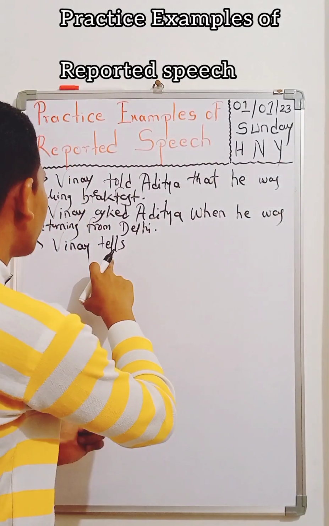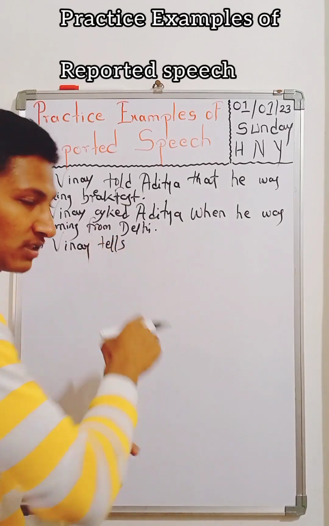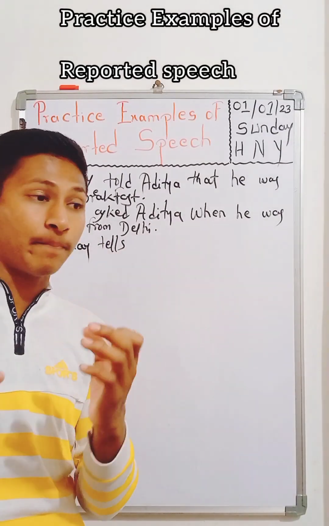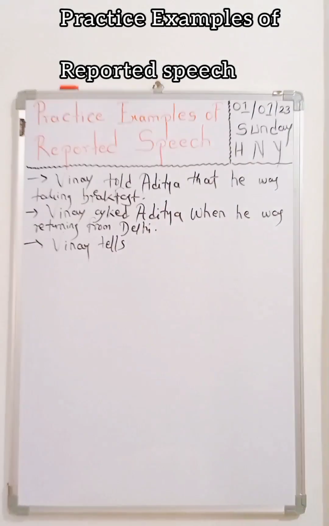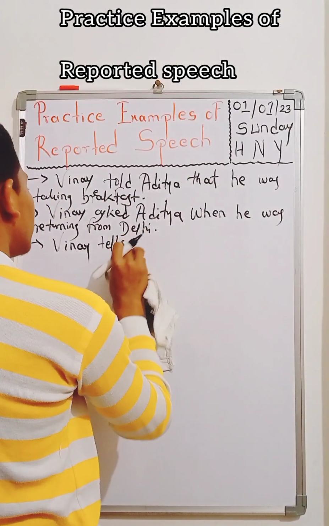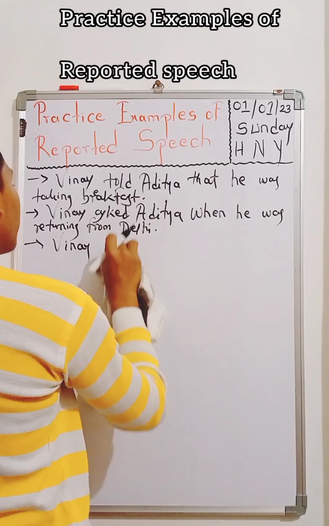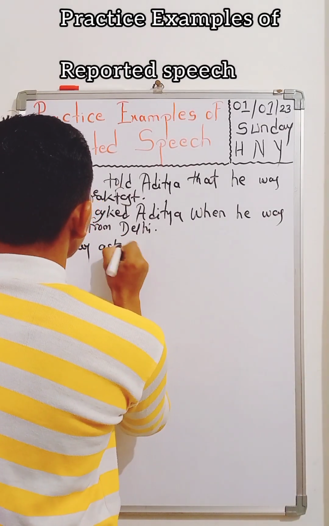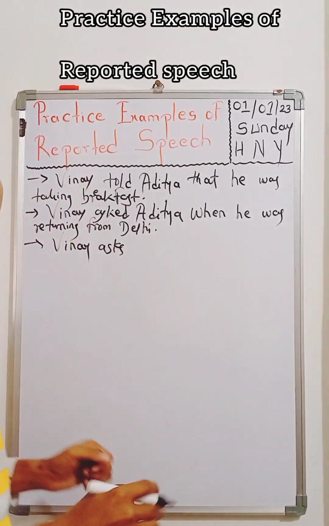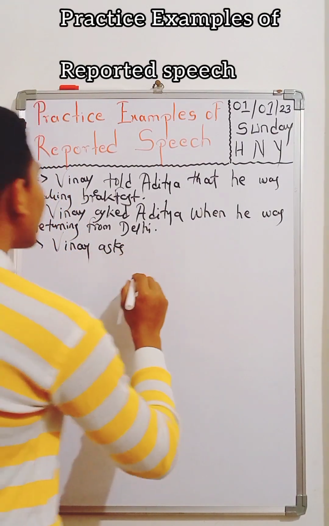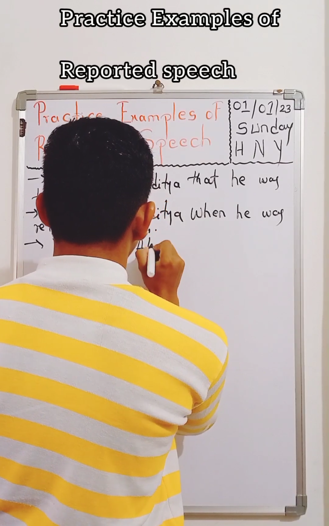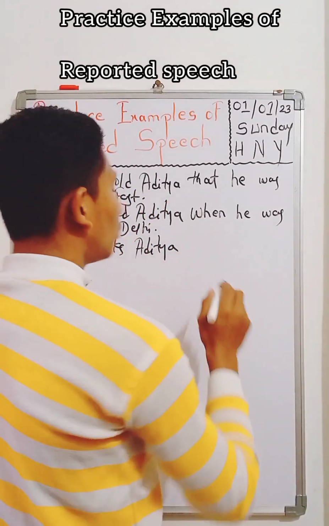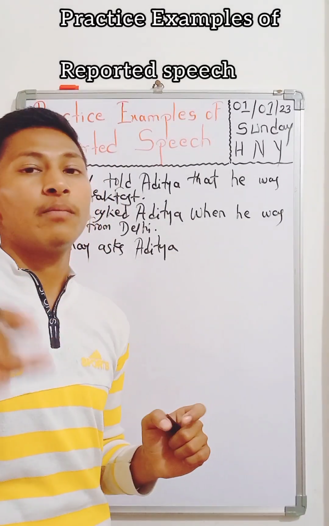Deliberately I had written tells just to catch your attention. Okay, so now here actually we have to introduce asks. Asks, A-S-K-S. Or instead of that you can use inquires. So Vinay asks Aditya, do you like mango?